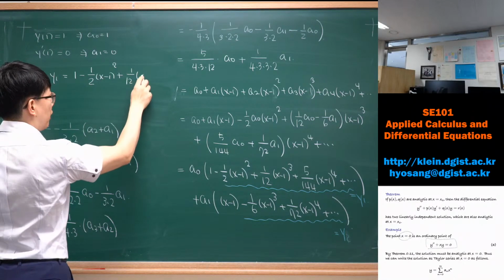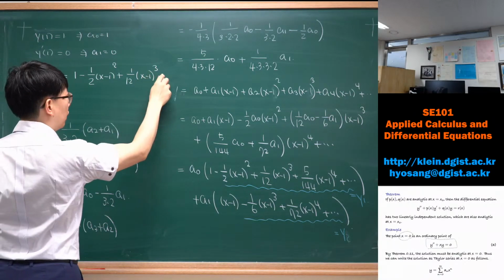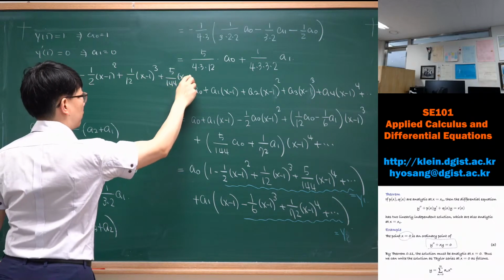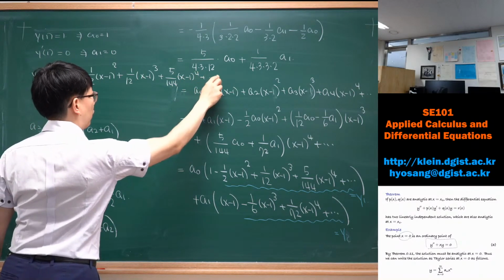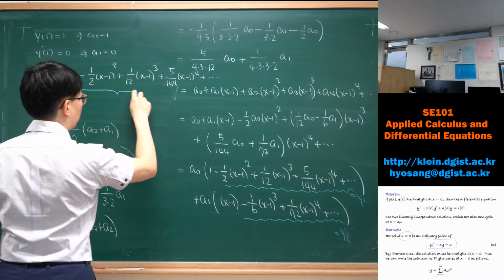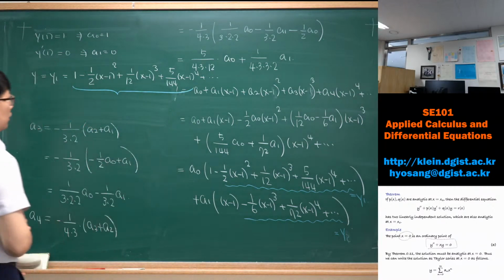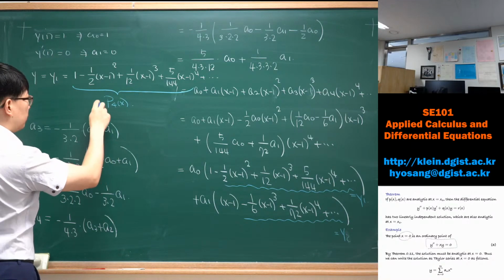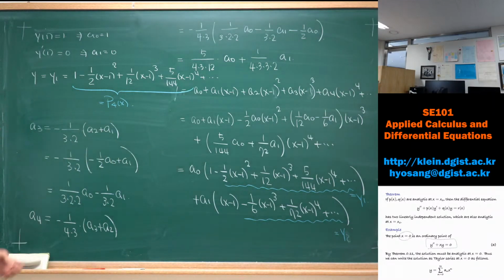So 1 over 12 (x minus 1) cubed and so on, 1 over 144 (x minus 1) to the fourth, and so on. And in practice, when you try to graph the function, you have to use P4 of your solution y1.